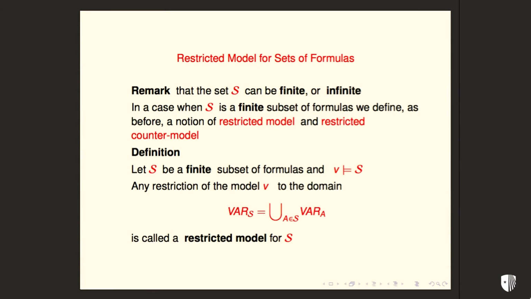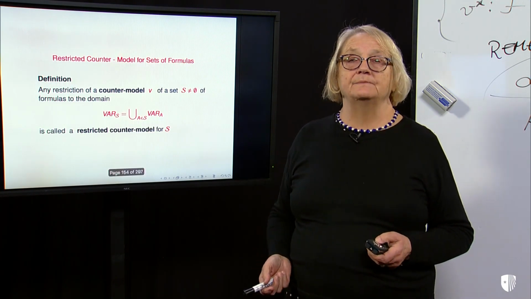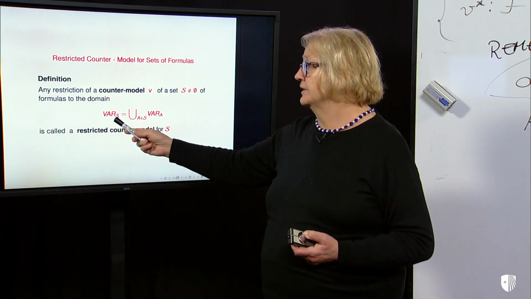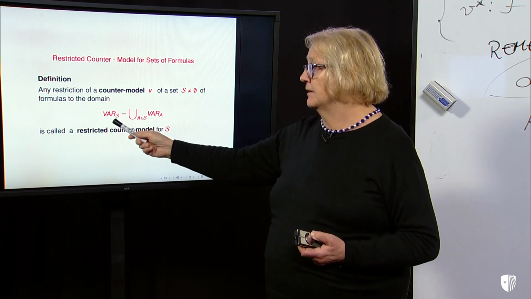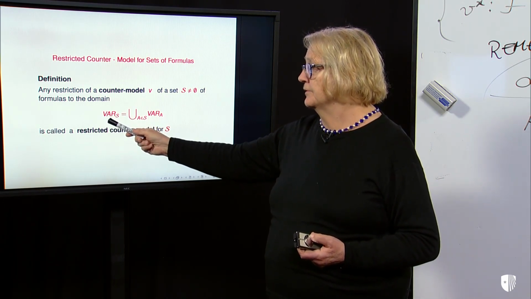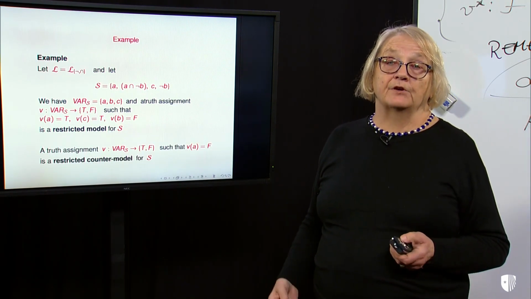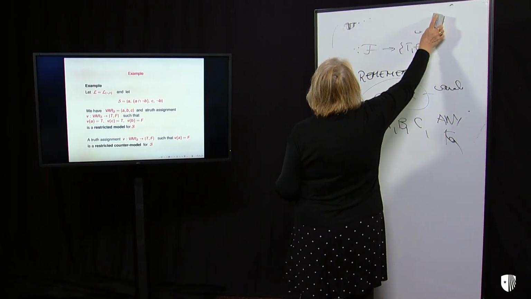So we can go to restricted models, and you have decidability of S having a model or not for finite S. And we talk about the restricted countermodel for a set, when you take the variables appearing in S, so it's a restricted countermodel. And for example, here. Now, I'm going to do it to make it simple.